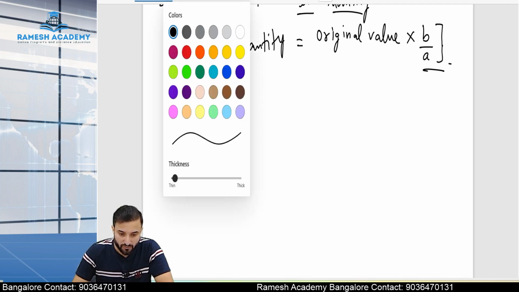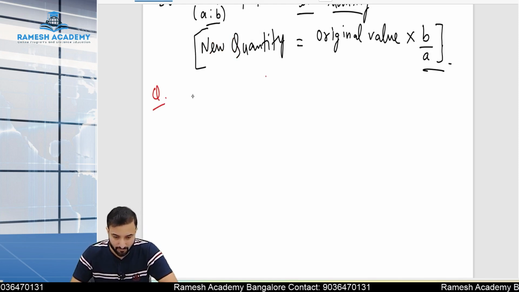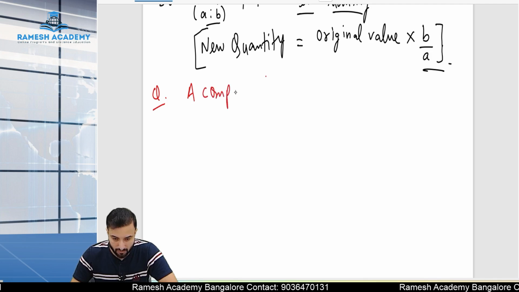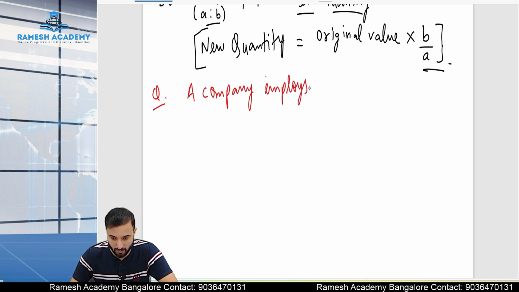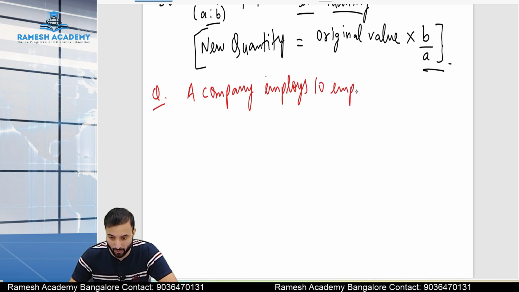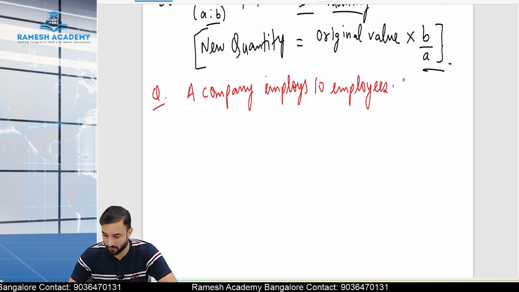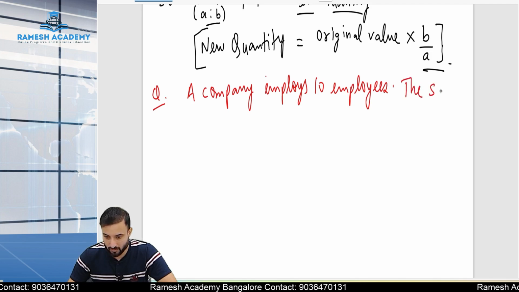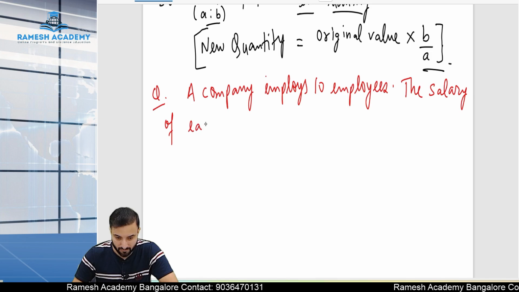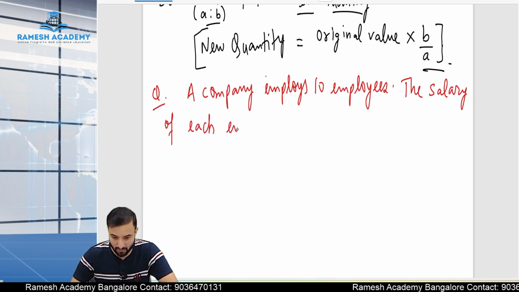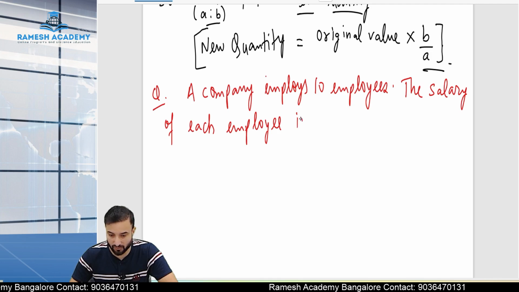So let's suppose we do one question. A question is: a company employs 10 employees. The salary of each employee is 6,000 per month.